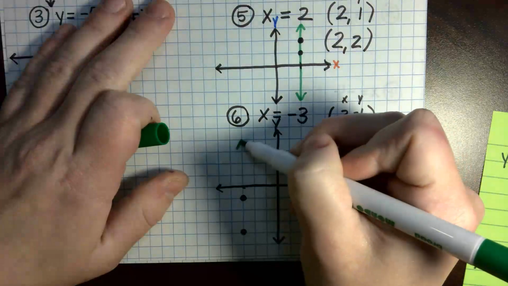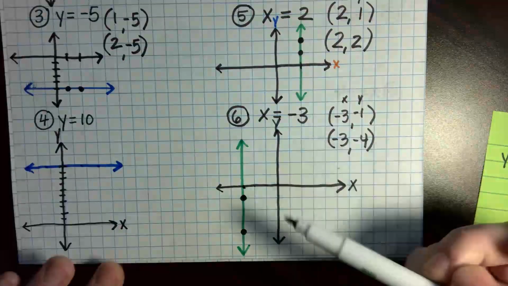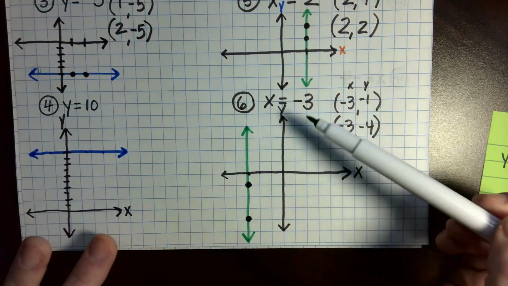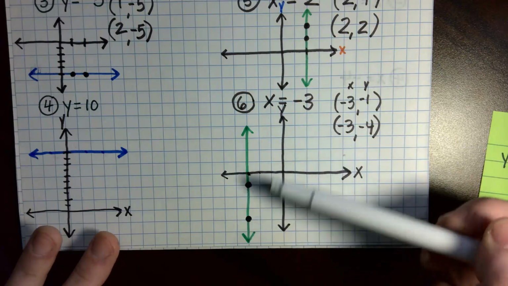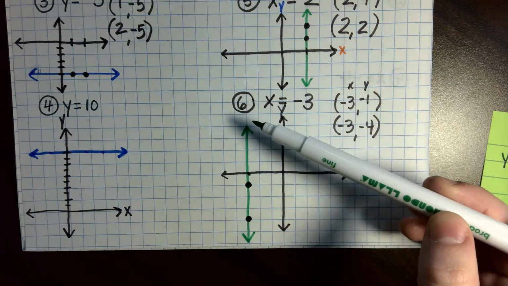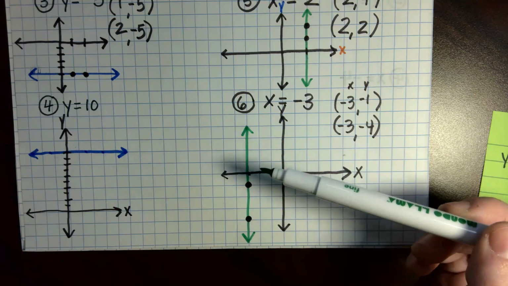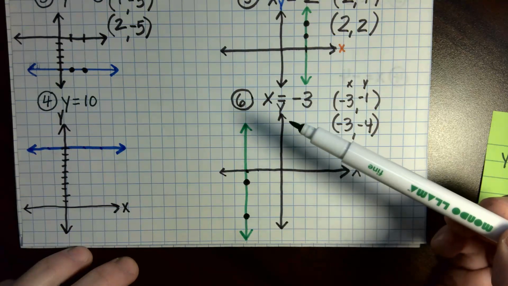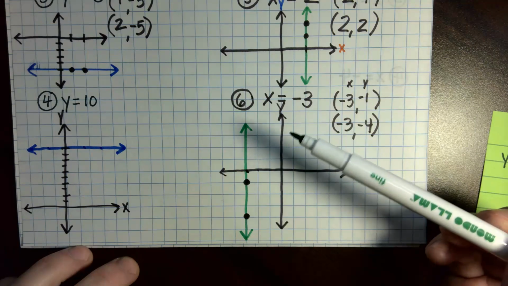So, as you can see here, same as number 5, you're going to get a vertical line going up and down, and it's always going to be at x equals -3. Always. So whenever we have a value or a line like this, you don't need to know this, but in case you're curious, we call this an undefined slope.